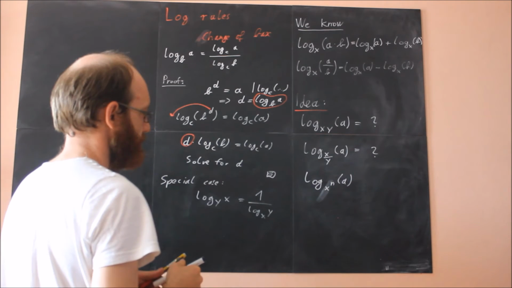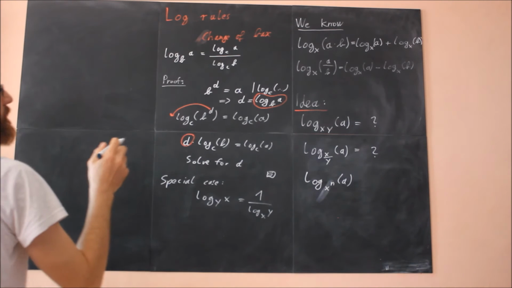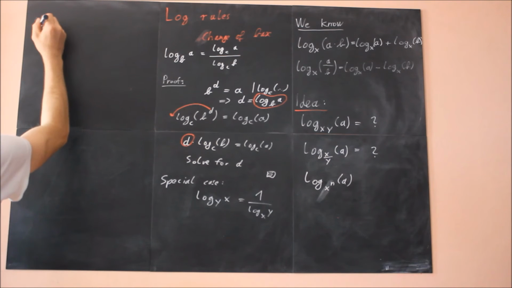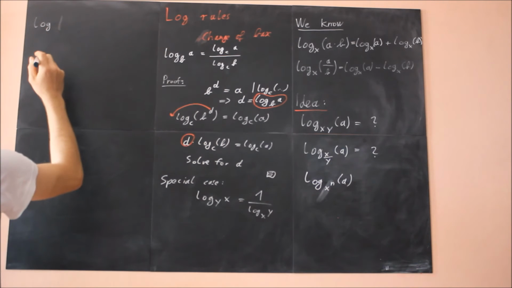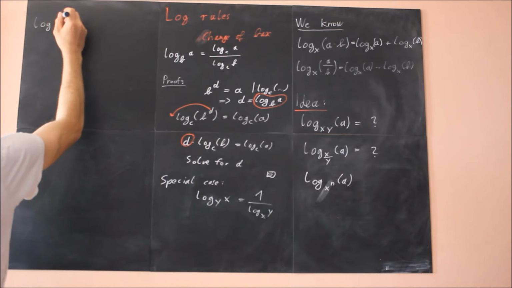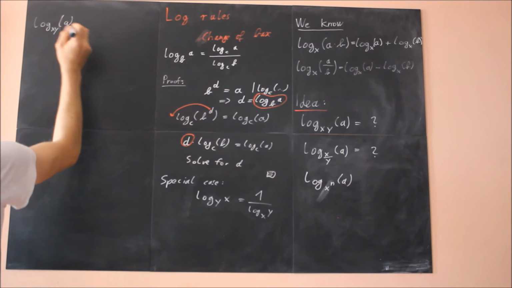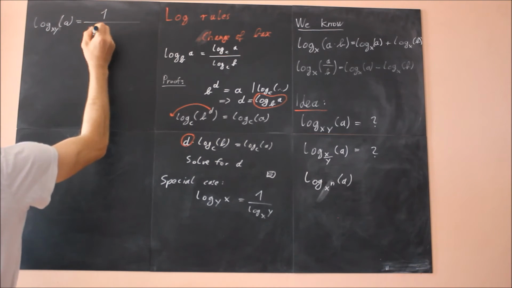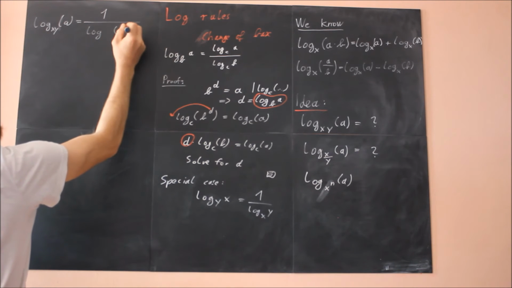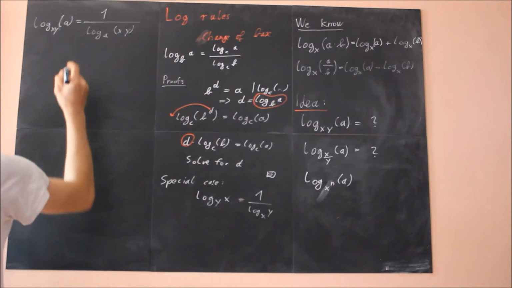So let's do this. We have the logarithm of a to base xy. We write this as 1 over the logarithm of x times y to base a.